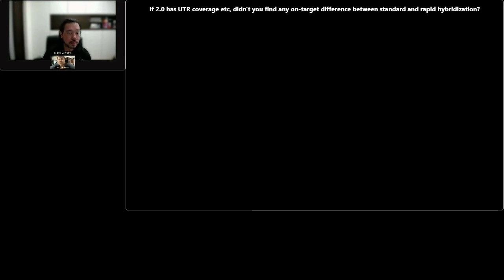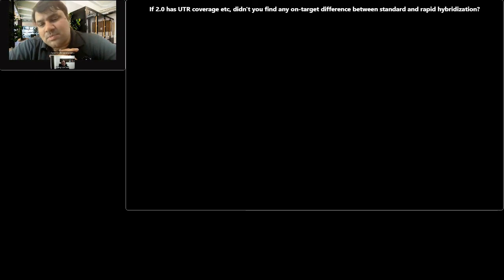So when I say UTR coverage, the UTR coverage provided with Twist Exome is based on the key relevant SNPs or targets present in the ClinVar database. That's how the UTR coverage was extended in Twist Exome. So we tried to include every clinically relevant pathogenic and non-pathogenic variant if it falls in the UTR or intronic region.